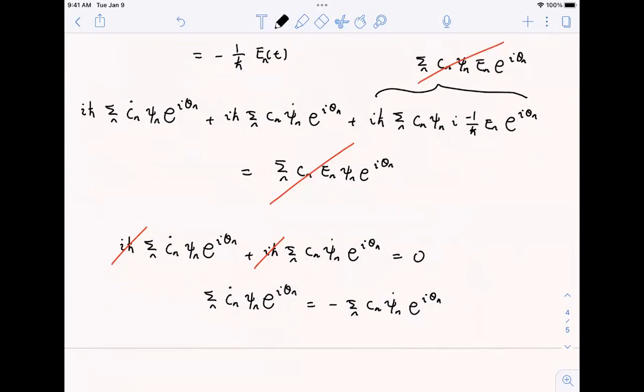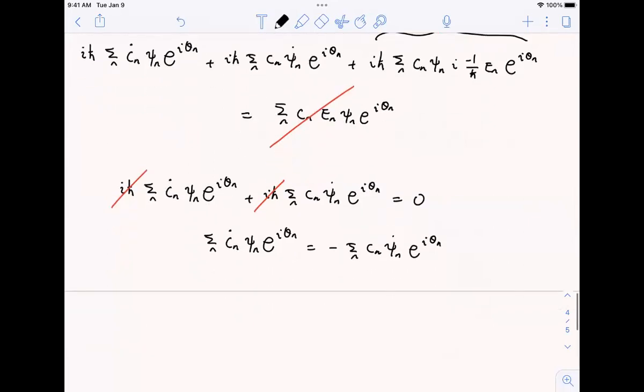Eventually you get something like that. So far we haven't made any approximation. We're just solving the Schrodinger equation and writing it in terms of this expansion coefficient. Basically, if you solve this expansion coefficient, it's equivalent to solving the Schrodinger equation.